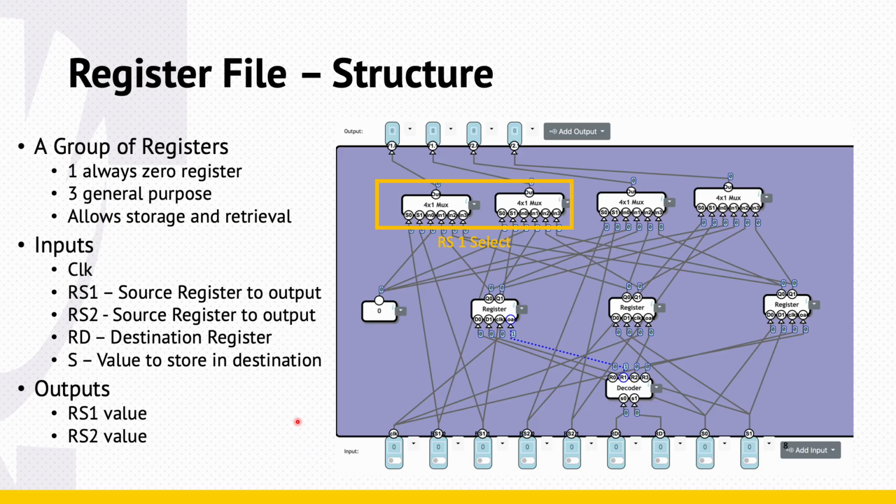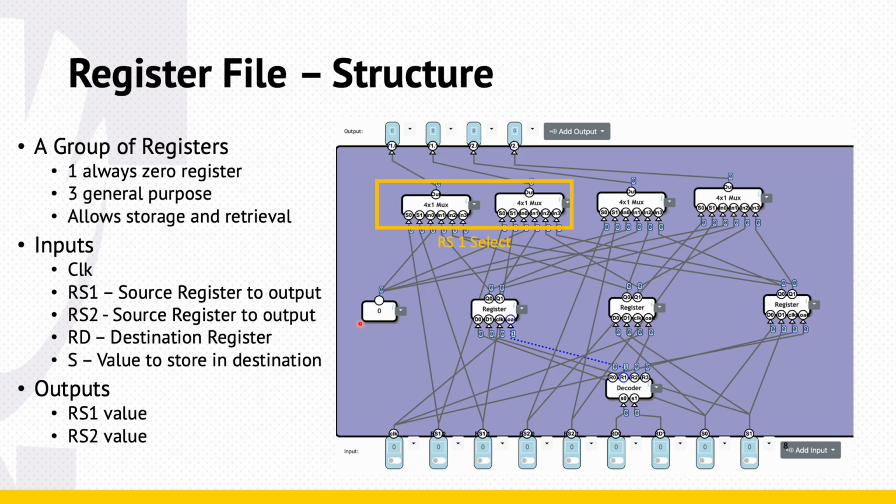Now, if you remember, in RISC-V, register 0, x0, is always 0. If I try to write something to x0, it does not get written. It just gets dumped into the nothingness, the void. If we read from x0, the value we always get back is the value 0. So we have the same thing here.